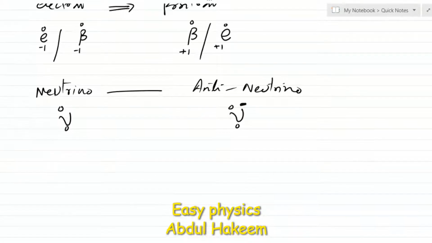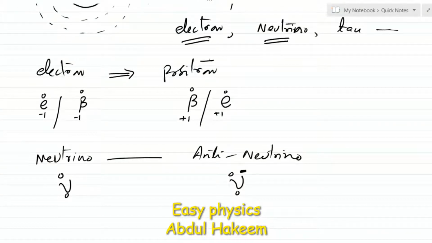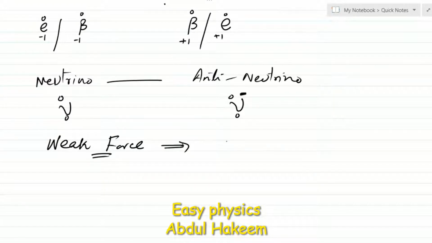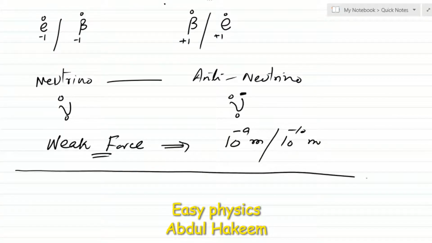Now, they are under the influence of the weak force, and the range of this weak force is 10 power minus 9 meter or 10 power minus 10 meter. So outside the nucleus, there are leptons. Inside the nucleus, there are hadrons.